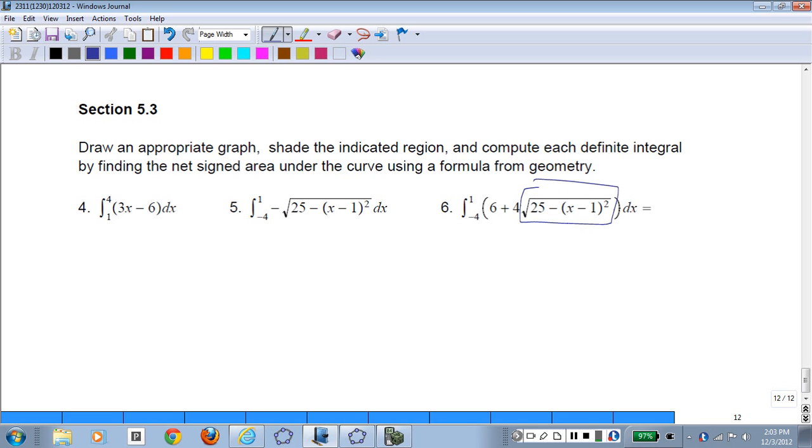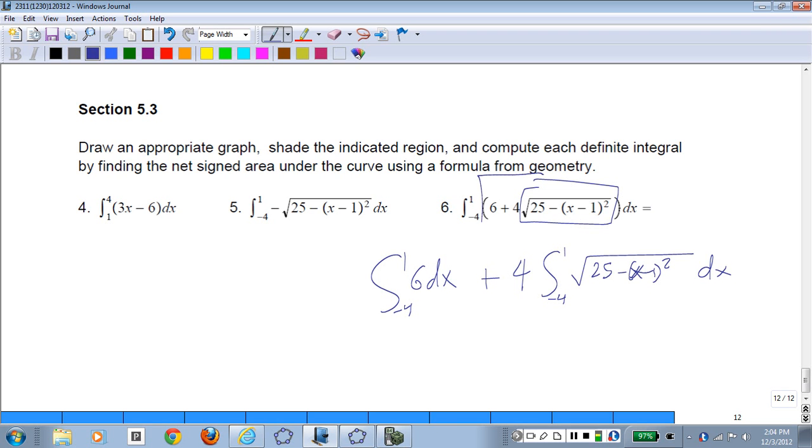And if you can find the graph of that, then you can find a value of the integral from -4 to 1 of the square root of 25 minus x minus 1 quantity squared dx. You can multiply that by 4, and then add the integral of 6 dx, and then it won't be so bad. If you just try to graph this, I don't know what that is, and I don't know how to find its area either.